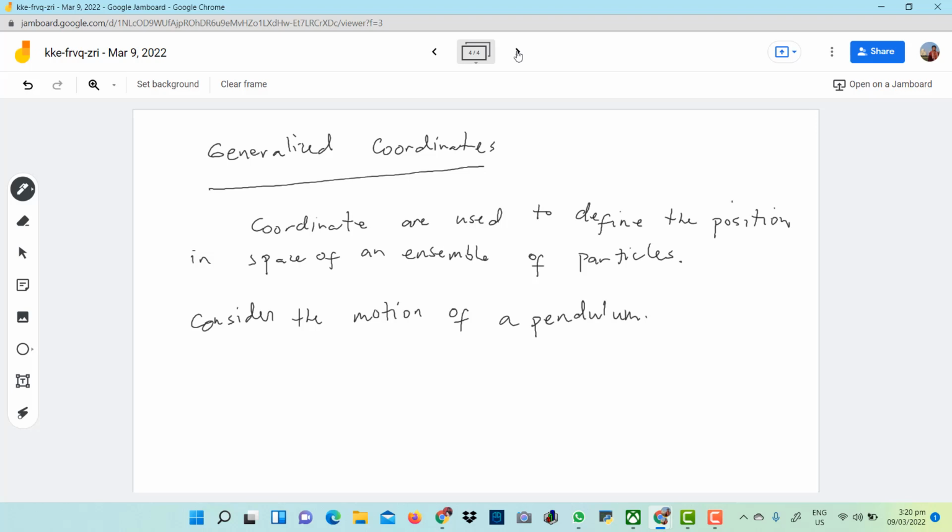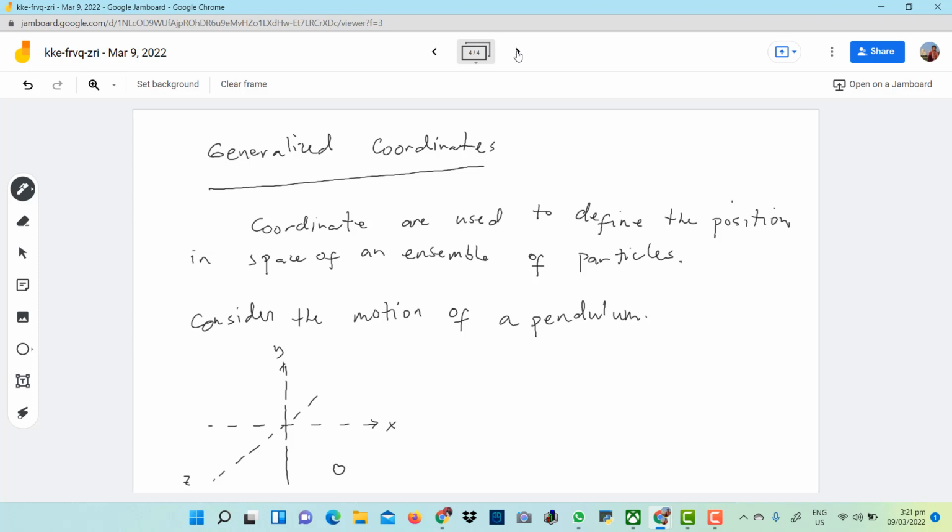In a Cartesian plane, for example, in three dimensions, this is my x. This is my y. And then this is my z. Okay, so I have a Cartesian coordinate system. In three dimensions, I have a pendulum.